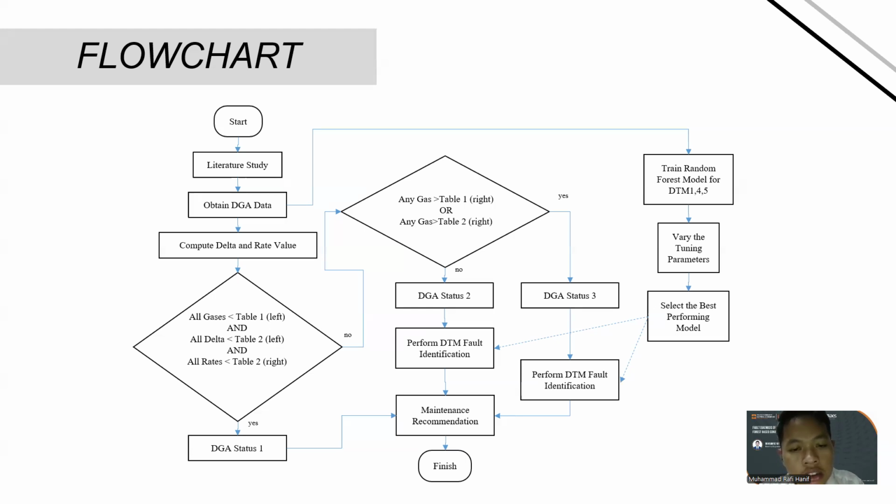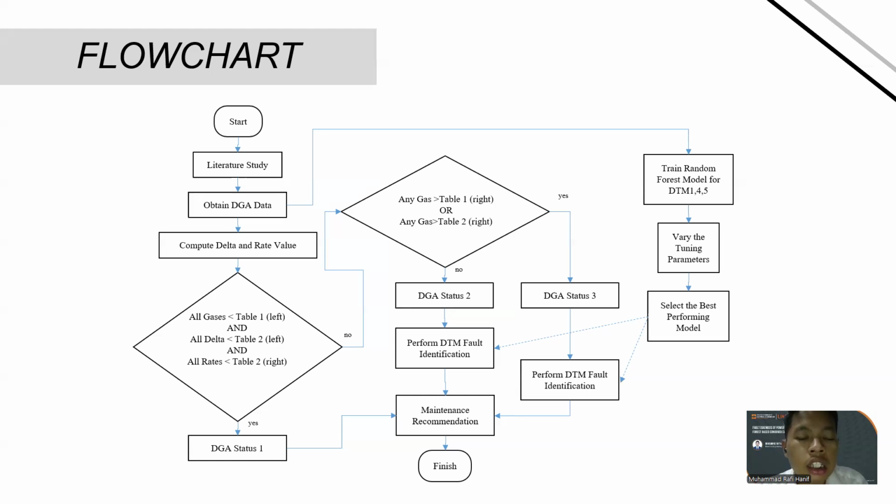A transformer that got the condition as status 2 or status 3, both of them we need to move to the next step, which is perform DTM fault identification, and then it will give us a maintenance recommendation for the transformer.